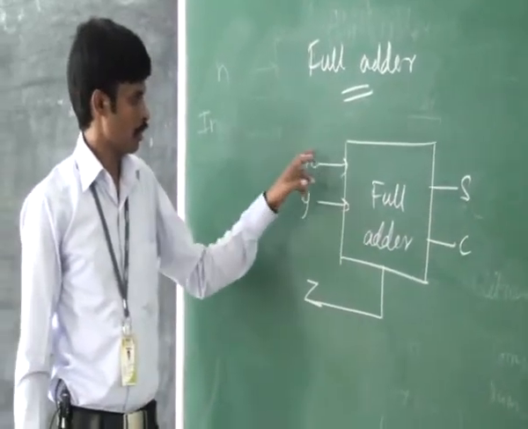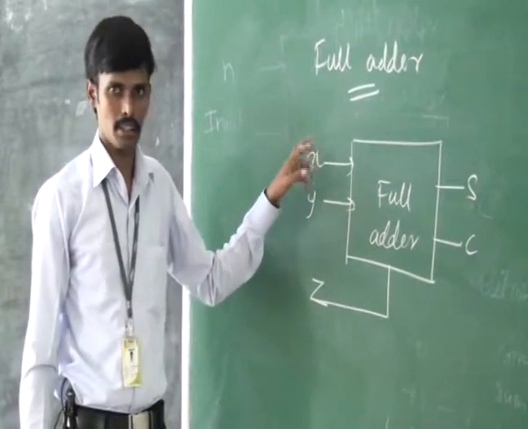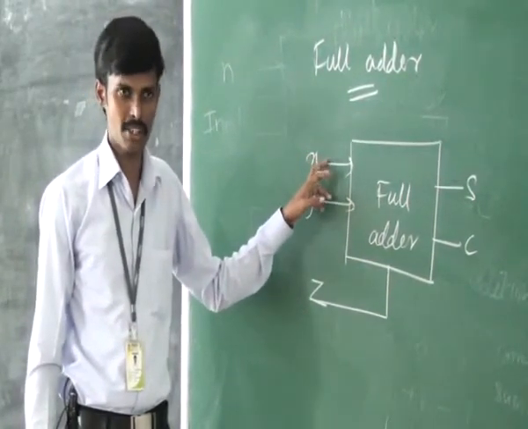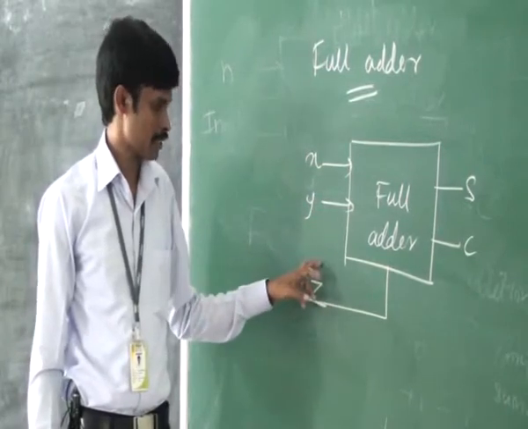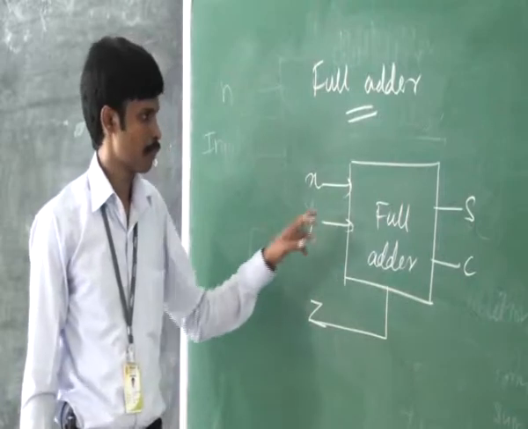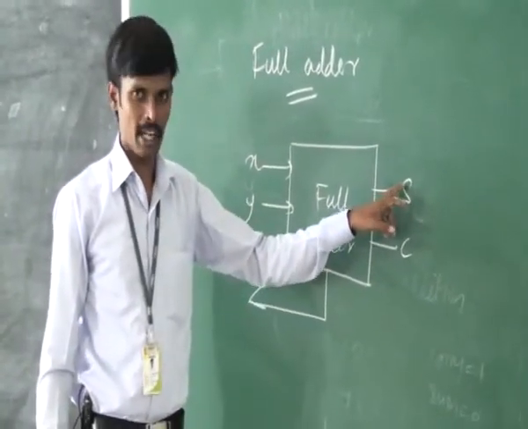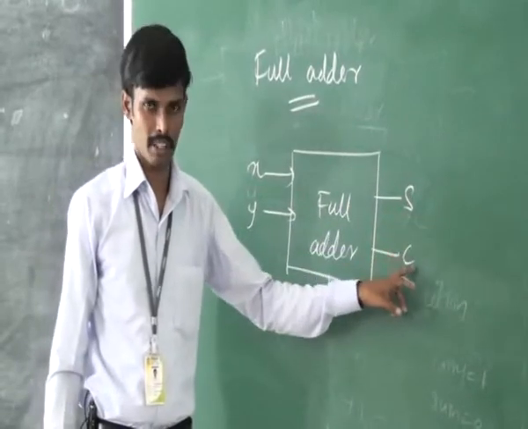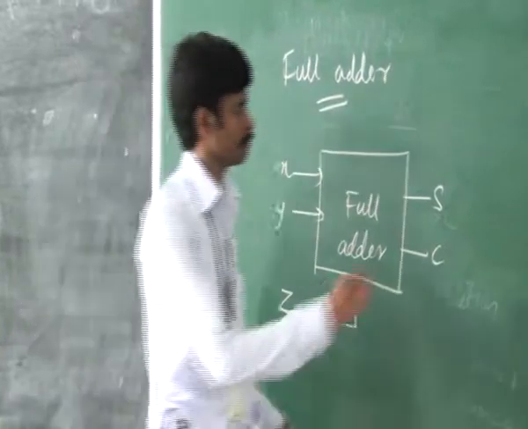Two of the input variables represent the 2 significant bits to be added, and the third input Z represents the carry generated from the previous stage, and the output variables are denoted by S for sum and C for carry. Next, let us see the truth table for full adder.